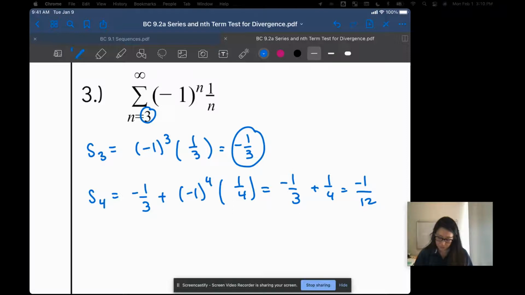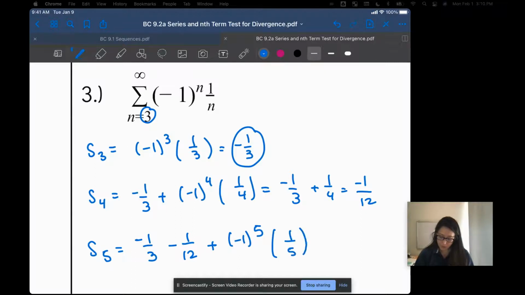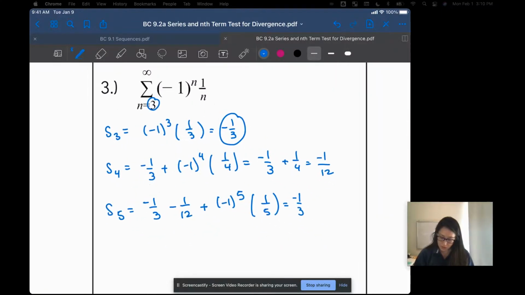Okay? Now, S sub 5 is the two terms before, so negative 1/3 minus 1/12 plus negative 1 to the 5th power times 1 over 5.